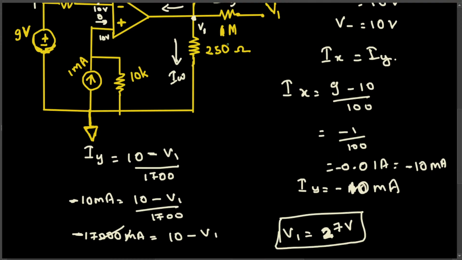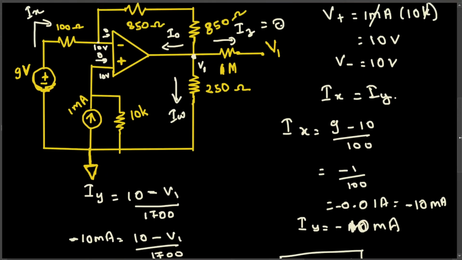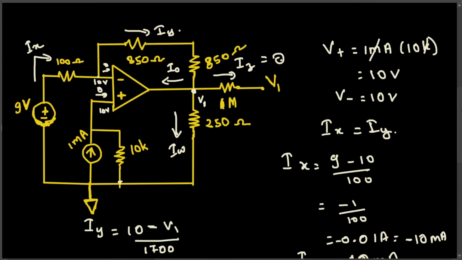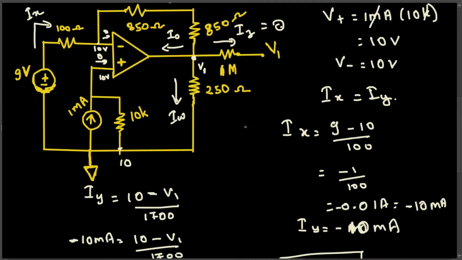Now we know the voltage here, and we can find IW, because we know this voltage, the one we found before, this 10 volts. IW is equal to V1 minus 10 divided by the resistance between.